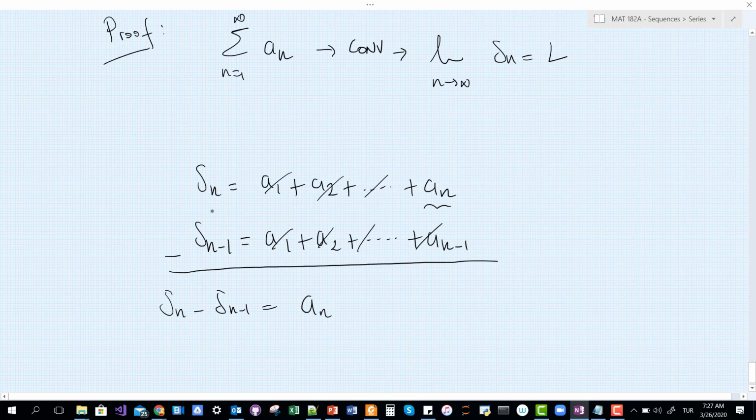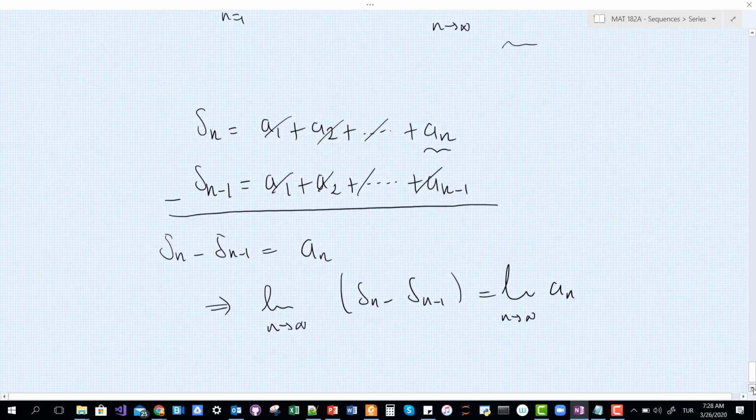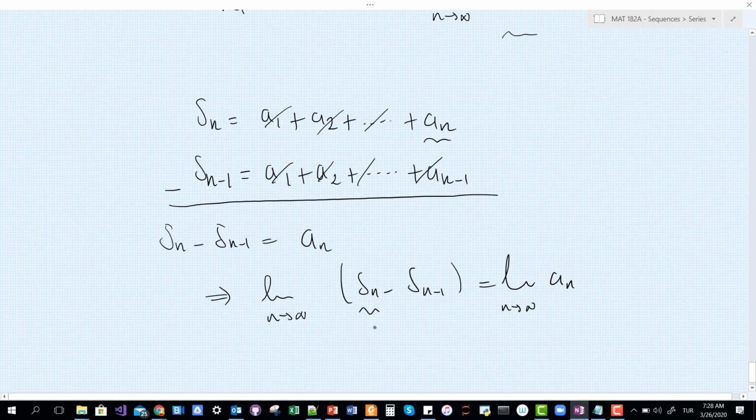Then the only thing I know about Sn is the limit of it; I know the limit of Sn is equal to L. Let me take the limit of both sides. The limit of Sn is L, the limit of S(n-1) is L. The only difference is just one term, that doesn't change where it goes.